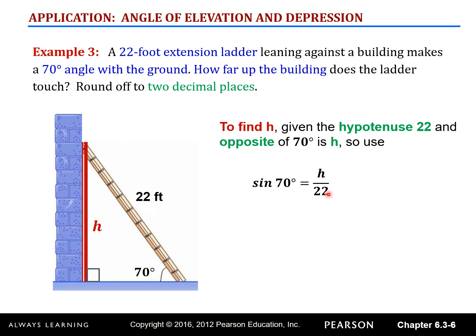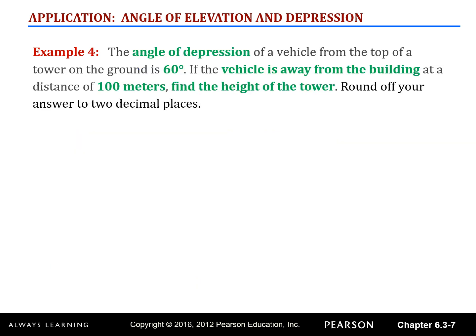And from this, we can do cross multiplication. So h is equal to the product of 22 and sine 70 degrees. And just use the calculator in degree mode. Then you will get the value of h, which is equal to 20.67 feet. So that's the answer for h.